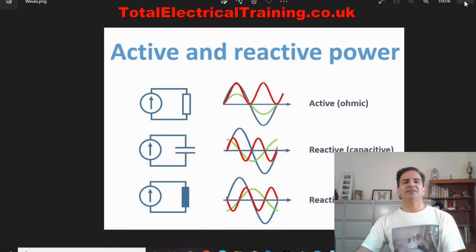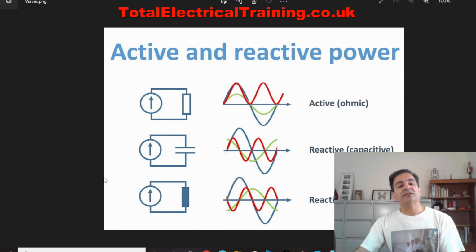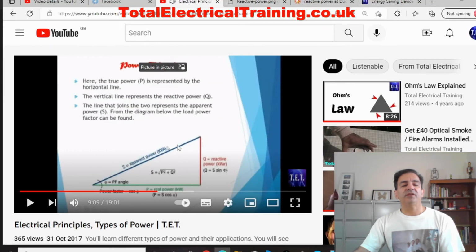But to make things simple for everybody, I've put a link to a device that is basically doing the job of this capacitive reactance to counteract the effects of the inductive reactance, and as a result bring down the hypotenuse of this right angle triangle to horizontal or almost there, so you pay for at least almost what you use instead of paying for what you don't use.